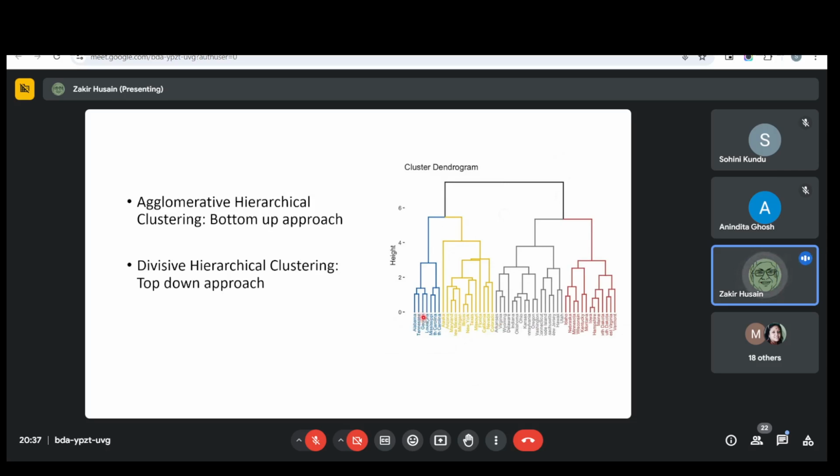So you form small clusters, then you again combine the clusters till you reach the optimal number of clusters. This is a bottom-up approach. You move from down to up. And in the divisive approach, you assume that there's one cluster and you start splitting into clusters. And again, you end up at an appropriate level of clusters, somewhere in between.